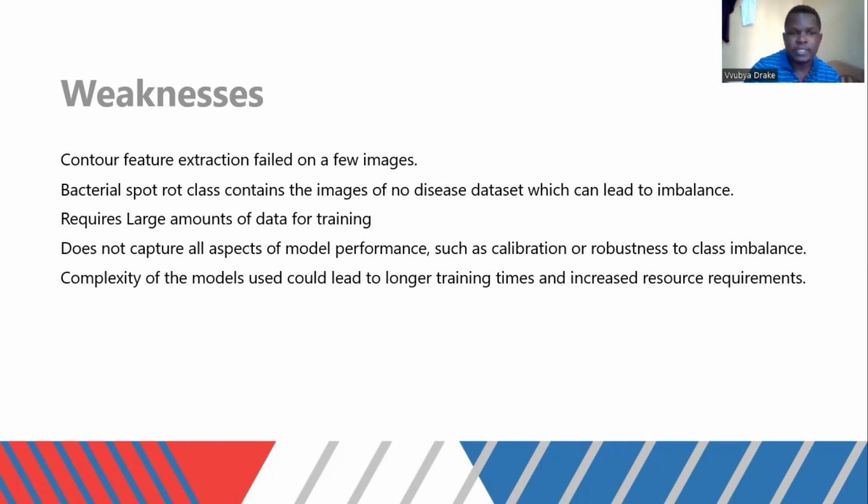Then it requires a large amount of data for training, and does not capture all aspects of model performance. It only reports precision and F1 score, and did not consider calibration or robustness to class imbalance. Then the complexity of the model leads to longer training times and increased resource requirements.